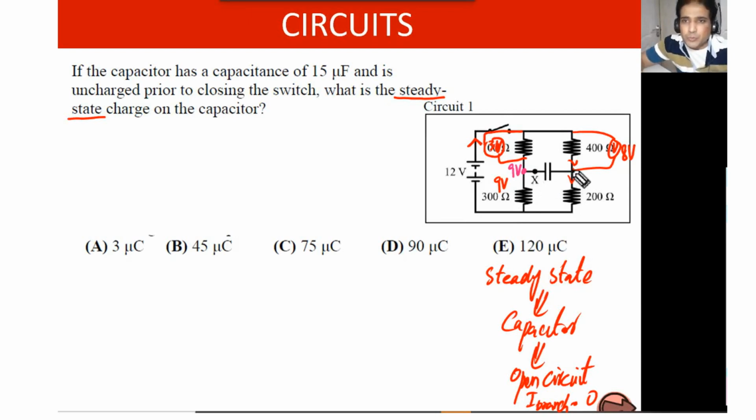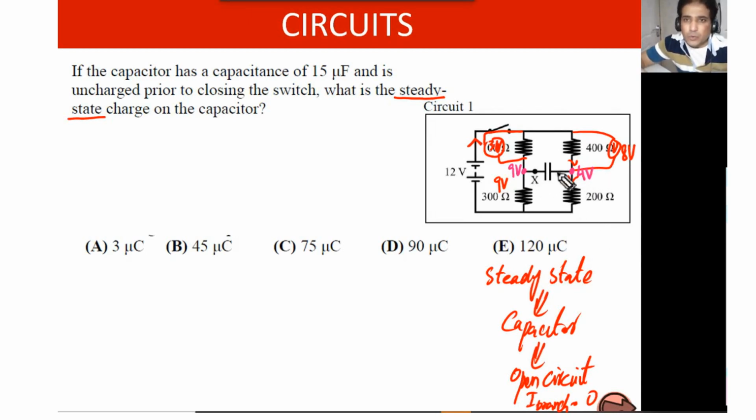And how about the potential at this point? So this is 9 volts, 8 volt drop. So it means this potential has to be 4 volt.